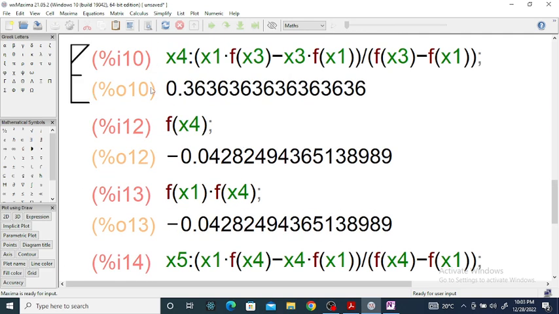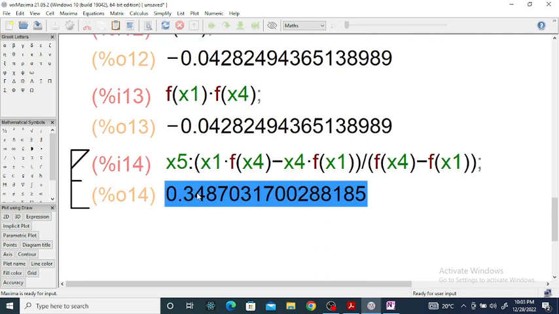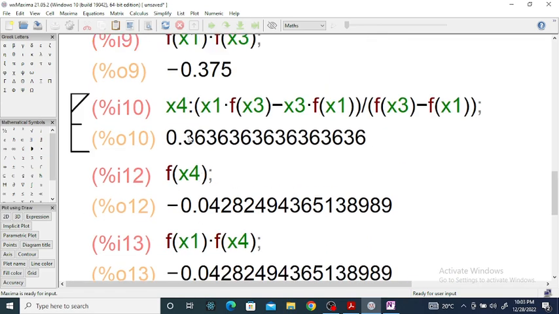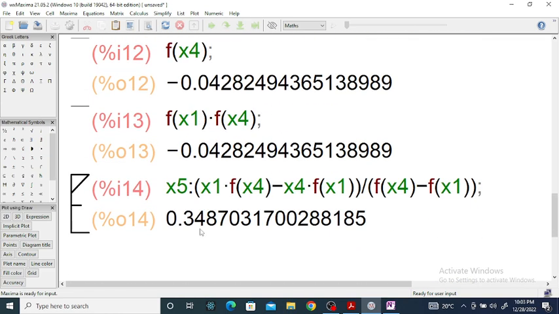You can check that x3, x4 and x5 are correct up to 1 decimal place. This is the value of x4 and this is the value of x5.